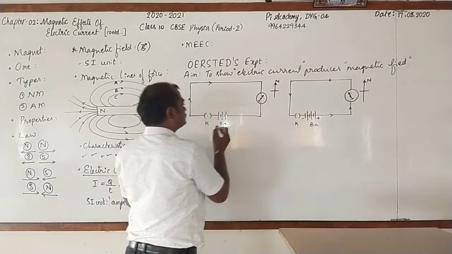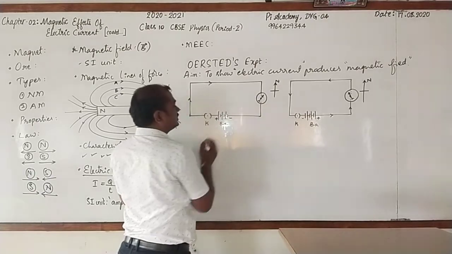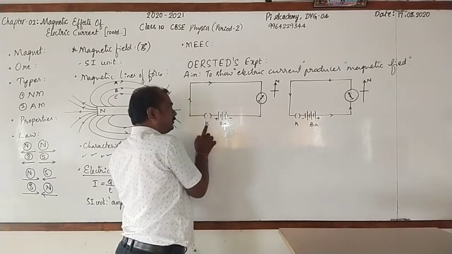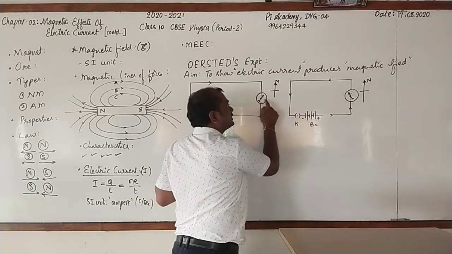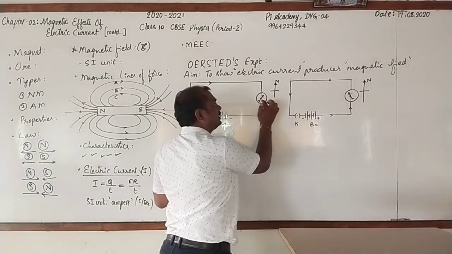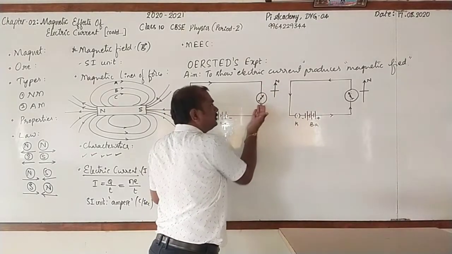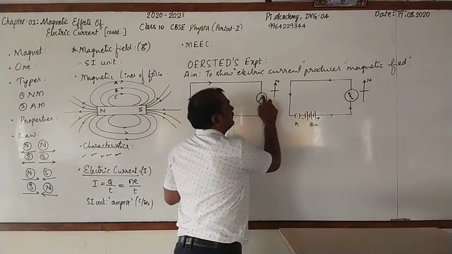Look here. Here, the free ends of the wire are connected to positive and negative terminals of a battery along with the switch. Then he will place the magnetic needle or magnetic compass just below the wire. Got it? And observe here.